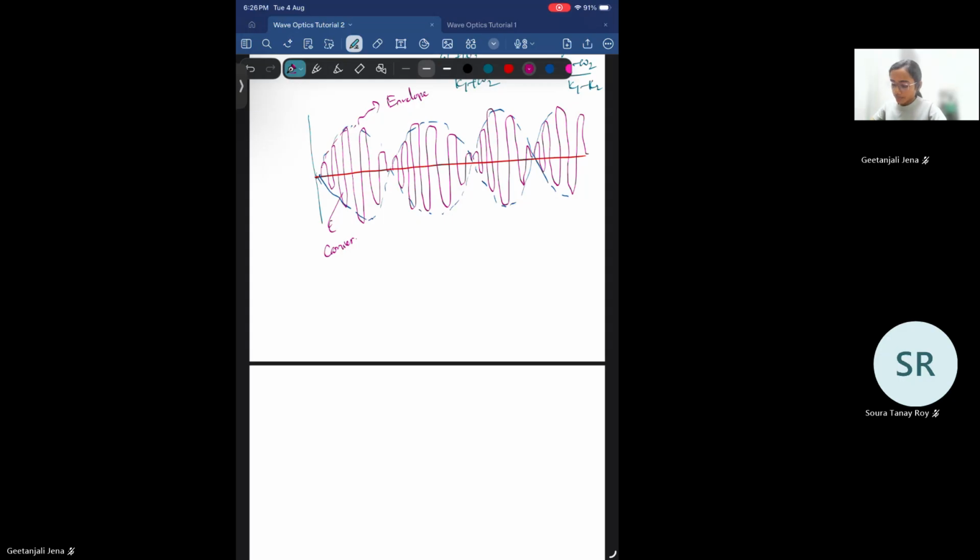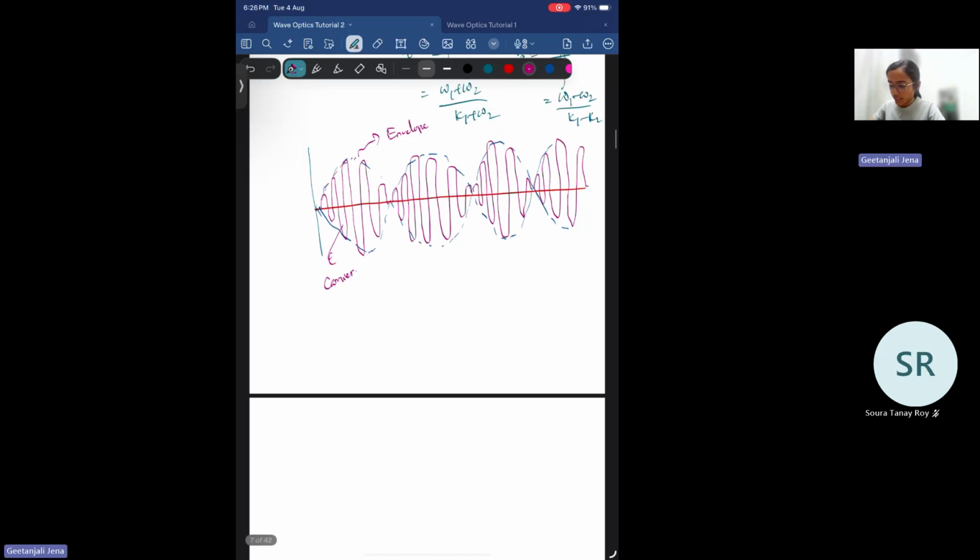So to quantify it, first we have seen the relation between phase and group velocity. Vp is omega by k, and group velocity is d omega over dk.